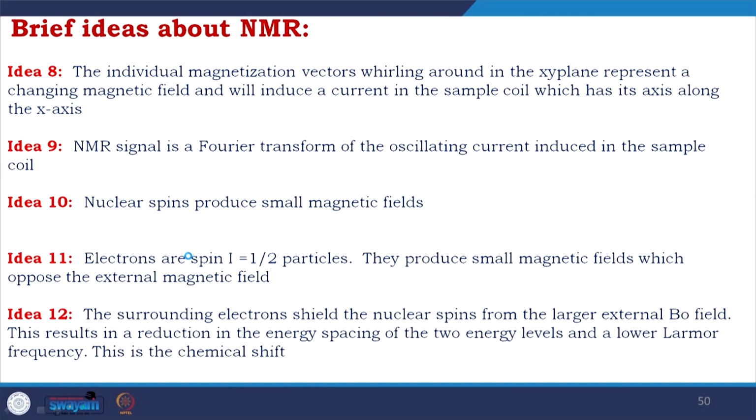The surrounding electrons shield the nuclear spins from the larger external B0 field. This results in a reduction in the energy spacing of the two energy levels and a lower Larmor frequency, which is called chemical shift. So, the first one was the field generated by the nucleon. Now, here it is a shielding or deshielding effect by electrons, which is called chemical shift.